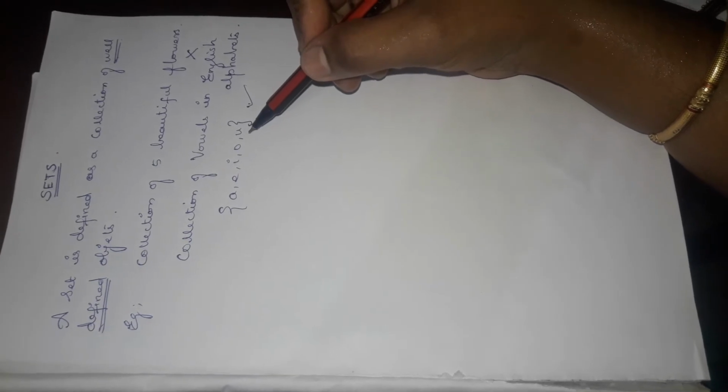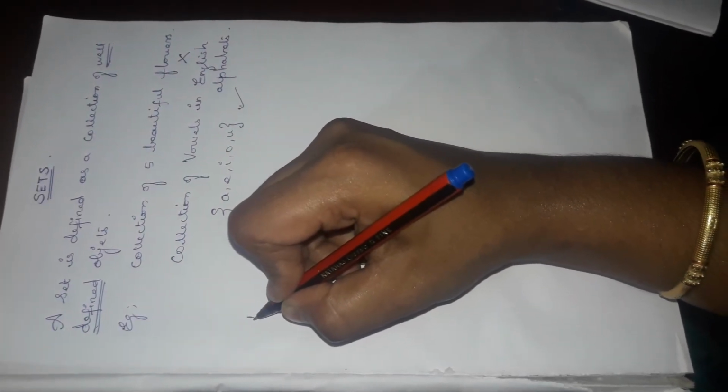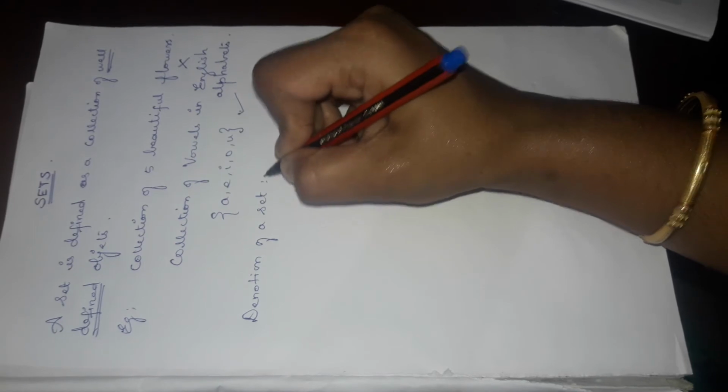Now let us see how the objects of the set are called, and how we can denote a set.